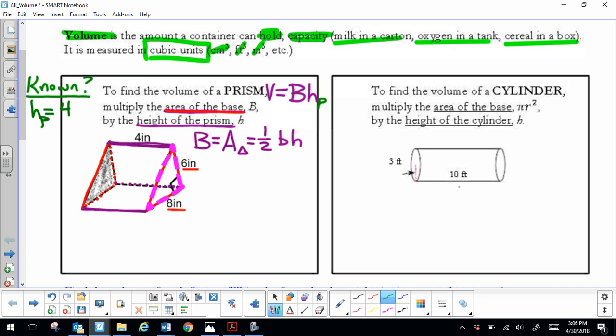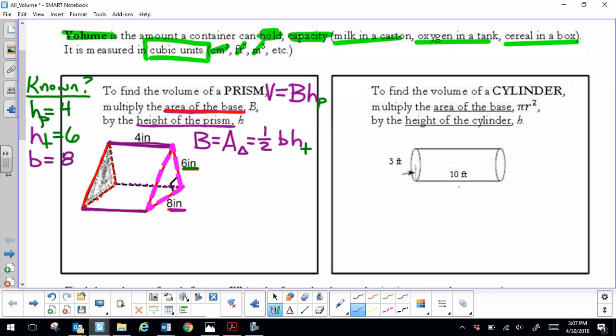And for the purposes of keeping this straight, I'm going to put a little t next to my h. So back to our known, the h of the triangle, h subscript t, is equal to 6. So I'm going to put a 6 here. And I've got myself the base of the triangle, and that is equal to 8.